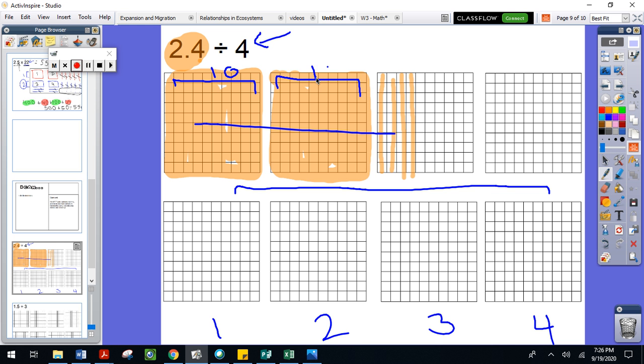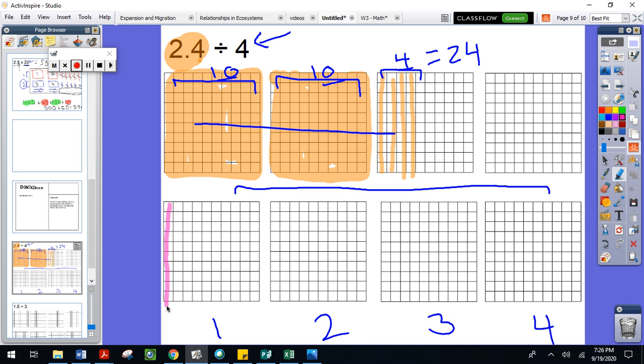This one has 10. And this one has 4. Well, together, 10, 10, and 4 make 24. So I'm going to go through and color in 24 columns. But I'm going to do it by grouping.